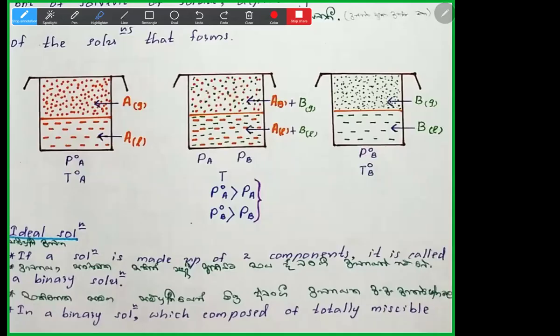At the same time, total pressure is contributed by both A's and B's pressures, so these two pressures separately are smaller, because together it's greater. Together they make the pressure, so these two pressures are always less compared to the separate saturated vapor pressures. Understood?